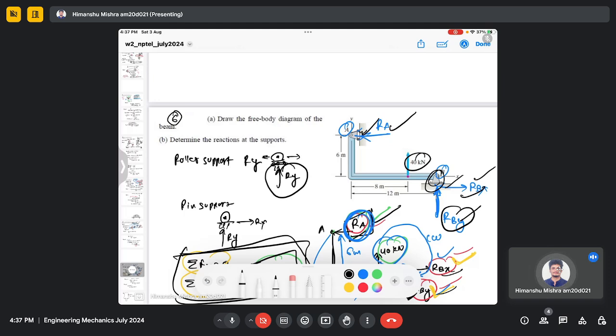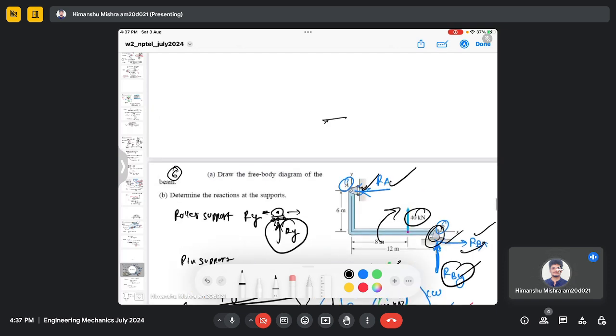The reason is this pin joint can actually rotate. Just like a roller support here can translate in the x direction, the pin joint cannot translate. So there are two reaction forces, but it can actually rotate. Therefore, there is no bending moment exerted in this pin joint. But in a fixed joint, what happens? It cannot translate and it cannot rotate.